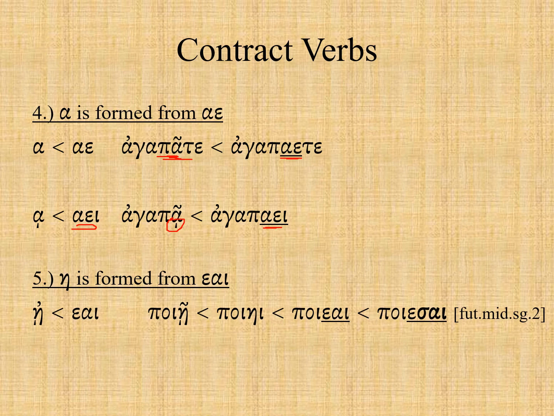For example, a future middle second person singular ending is sigma, and as it collides with epsilon, the sigma falls out, becomes poiei, and then the epsilon alpha combination becomes eta, and again the iota drops underneath, and then we'll get poie with the iota subscript underneath.